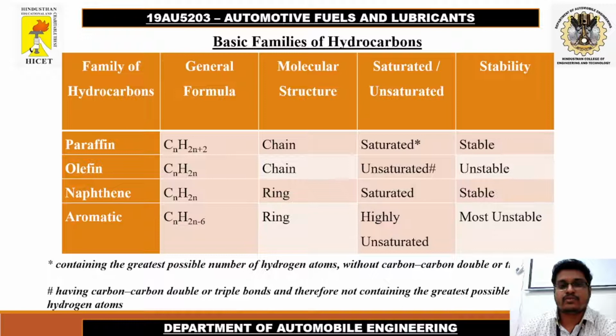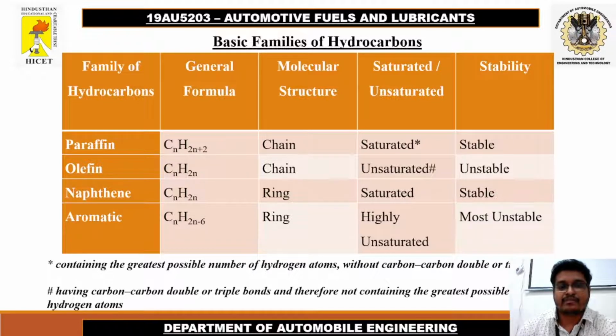You need more energy to break this bonding because in olefins the carbon atoms are connected by means of double bond or triple bond, and it is also an unstable one.